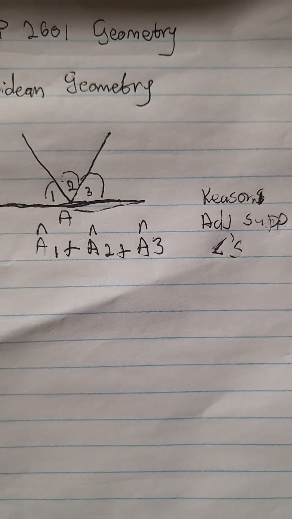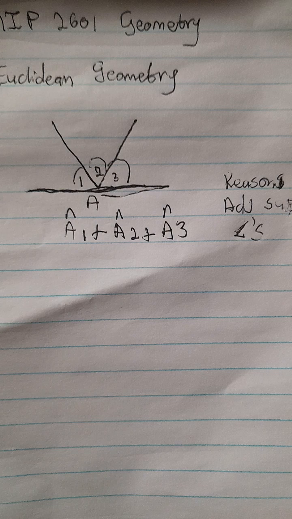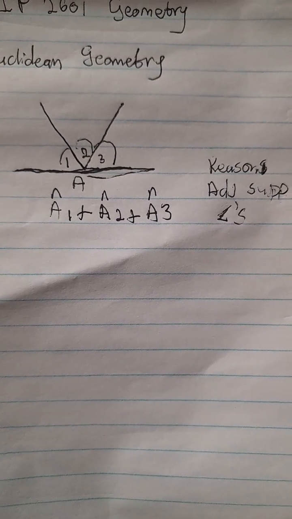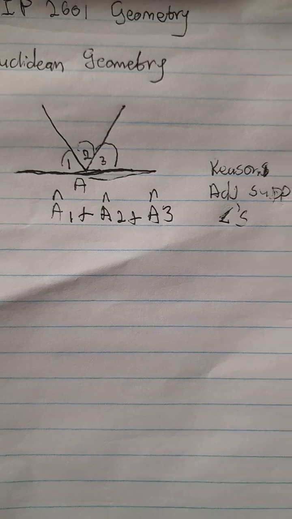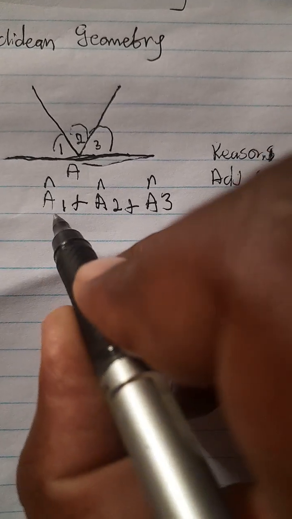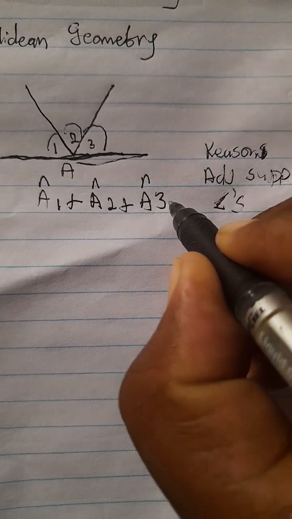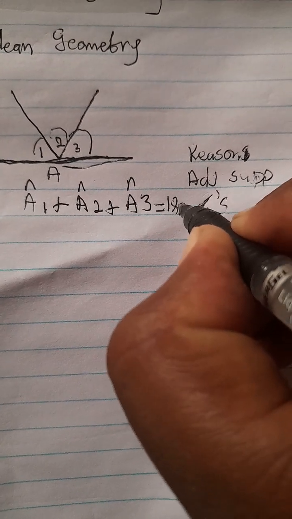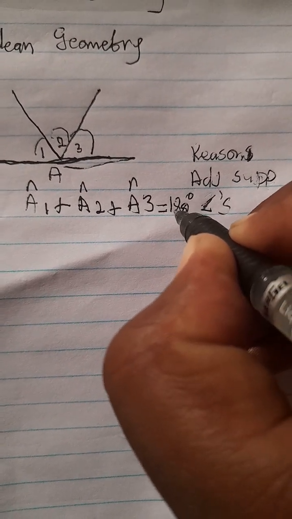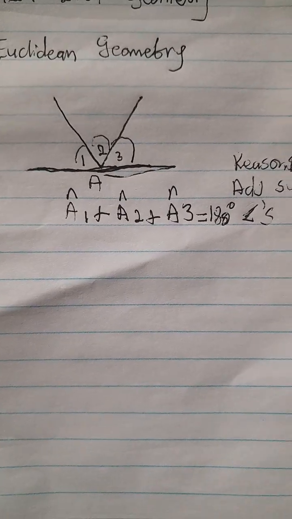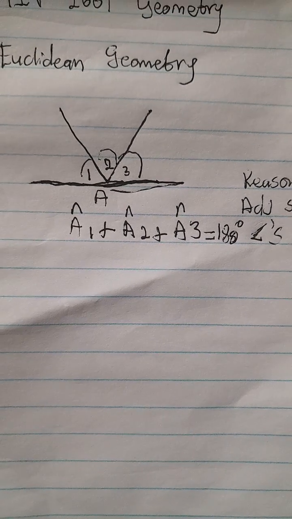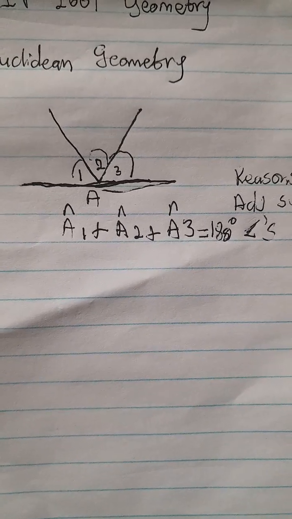So remember, adjacent angles on a straight line are supplementary, meaning that they add up to 180. So you're going to say A1 plus A2 plus A3 equals 180 degrees. When they say they are supplementary, they add up to 180 degrees. So that's how you are going to work with these straight lines, right?